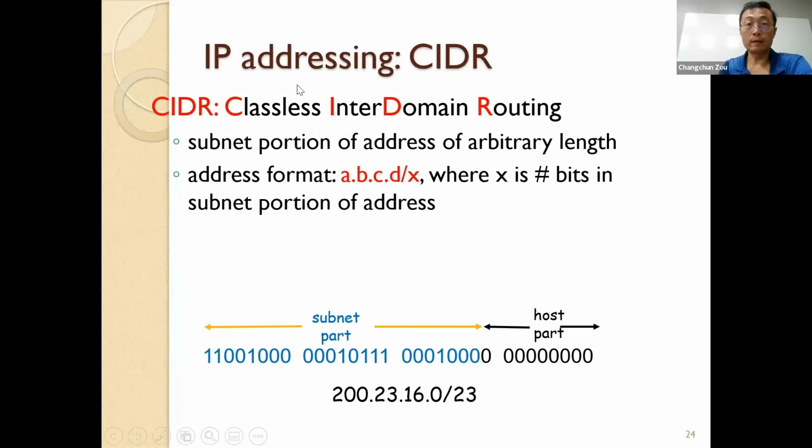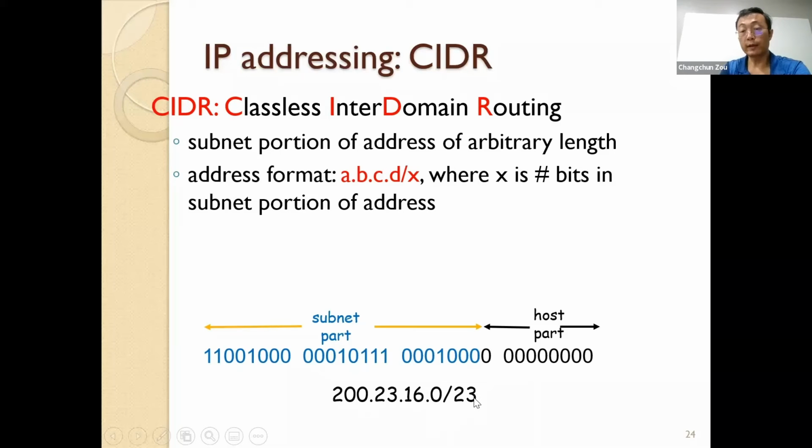So in IP addressing, we use the CIDR protocol, which is classless inter-domain routing. Every subnet is defined by this notation, 4 decimal values /x, where x is the number of bits in the subnet portion of the address. For example, this is called a /23 subnet.